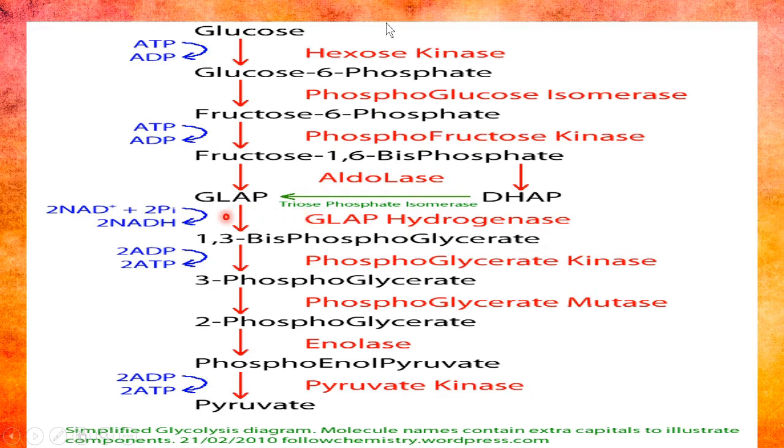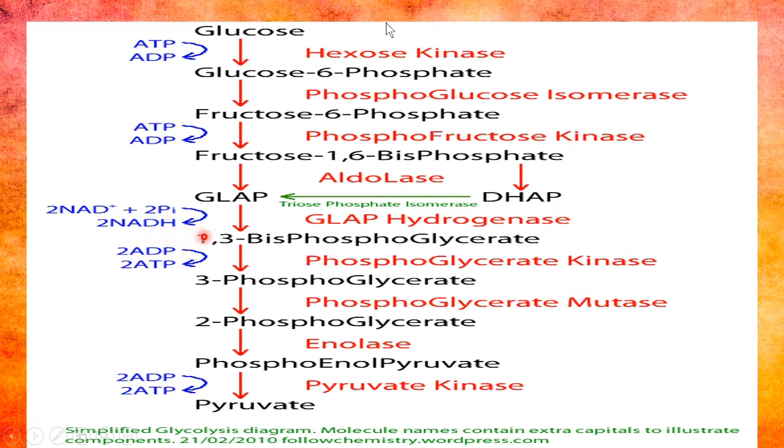Simultaneously, it undergoes phosphorylation, that is, inorganic phosphate gets incorporated to give 1,3-bisphosphoglycerate, also called 1,3-diphosphoglyceric acid.